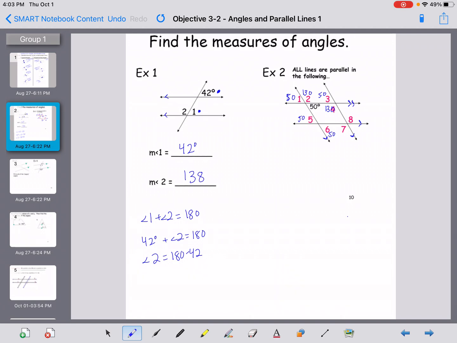So to figure out angle 7, I say 180 subtract 50. That gives me my 130 again. And then 7 and 8 are vertical angles, so angle 8 would be 130 degrees. Now that was some pretty easy math I could do in my head, but that's how it works.